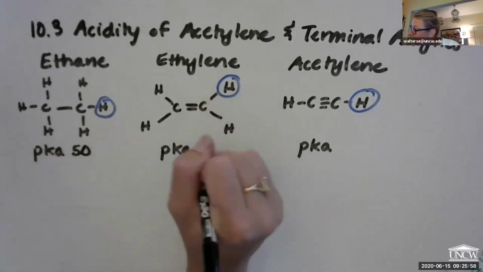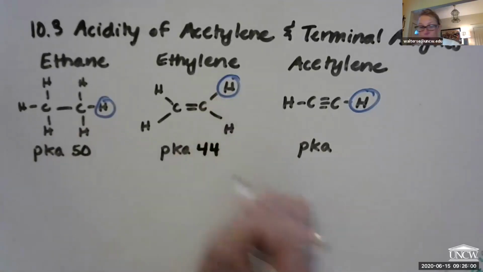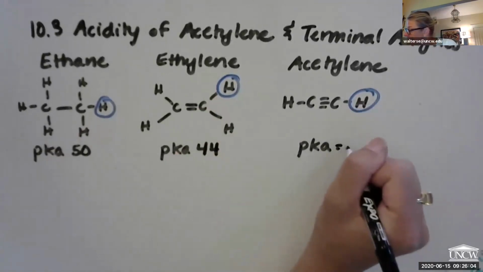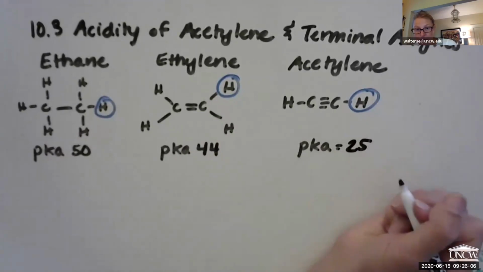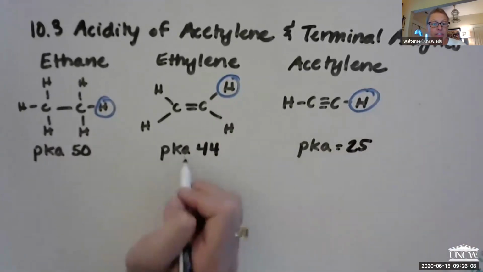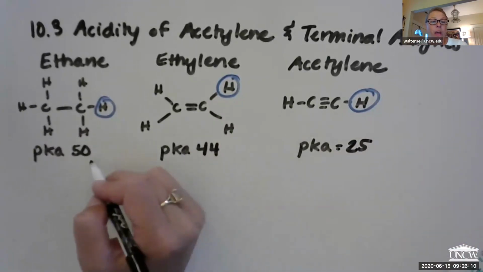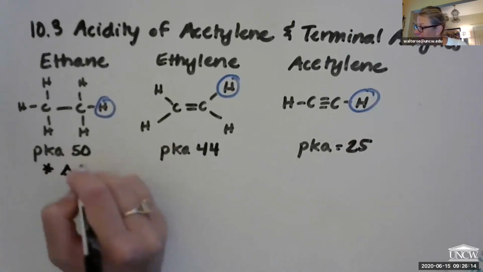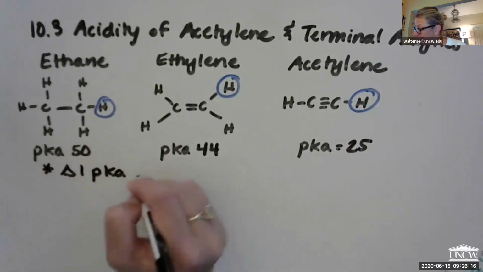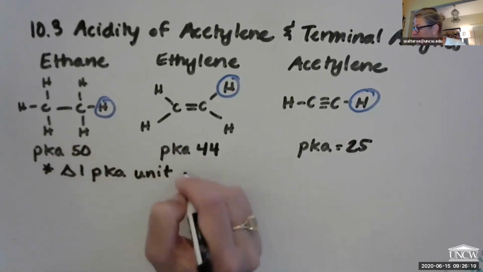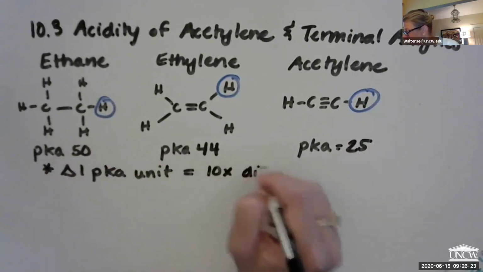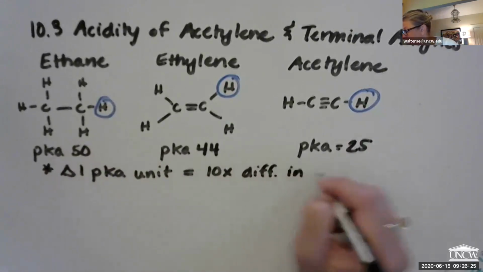The pKa of ethylene is 44. The pKa for acetylene is 25. Okay. Now, this is a fairly significant jump because it's important to remember that a difference of 1 pKa unit is equal to a 10-fold difference in acidity.